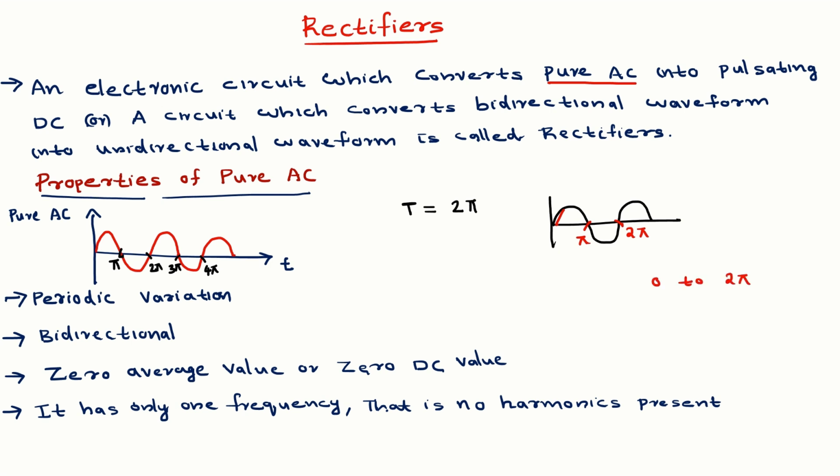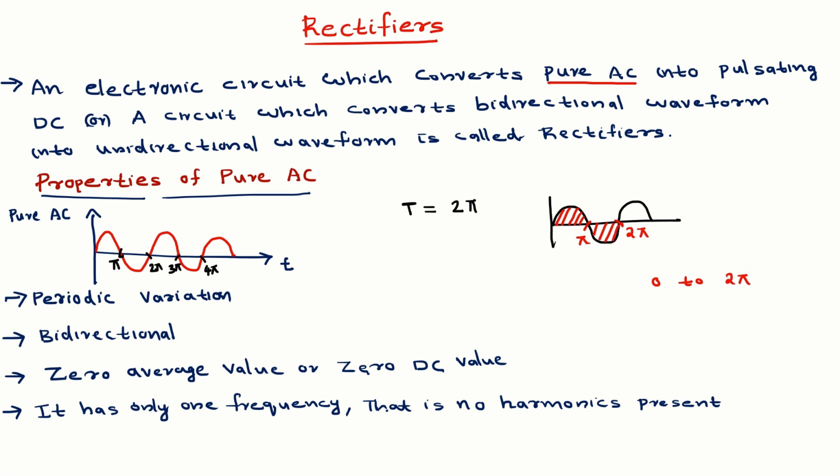In the 0 to 2 pi interval, two half cycles are included: one positive half cycle and one negative half cycle. I am going to take the area of this one positive half cycle and one negative half cycle.